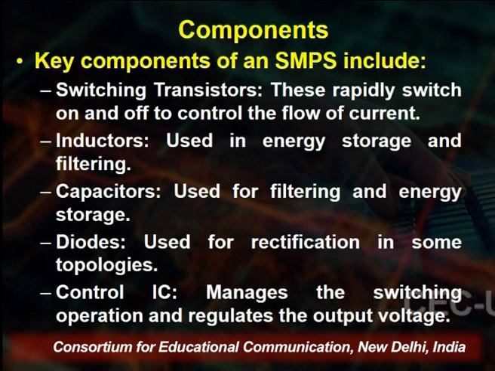Second are the inductors, used for energy storage and filtering. Capacitors are used for filtering and energy storage. Next is the diode, used for rectification in some topologies. Next is the control IC that manages the switching operation and regulates the output voltage. These are the various components used in the SMPS.